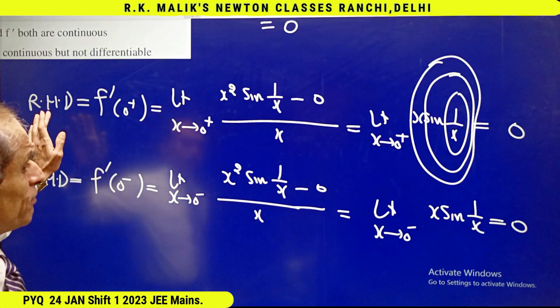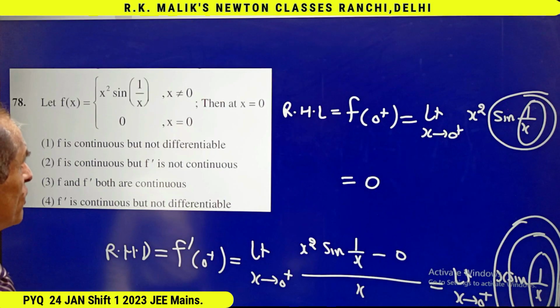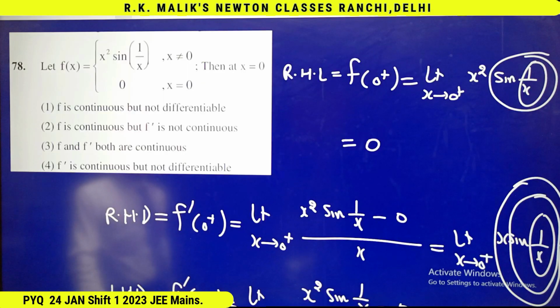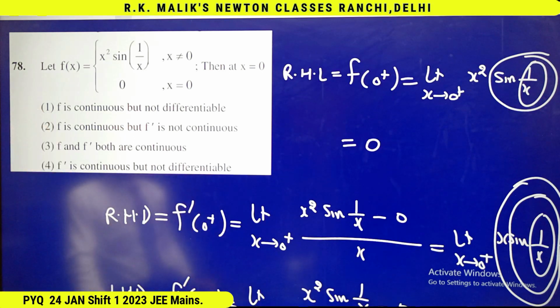Therefore, the right hand derivative is 0, the left hand derivative is 0. Hence, I can say the function is differentiable at x equal to 0. So far we have the conclusion that f(x) is both continuous and differentiable at x equal to 0. And now let us discuss the continuity and differentiability of f dash.